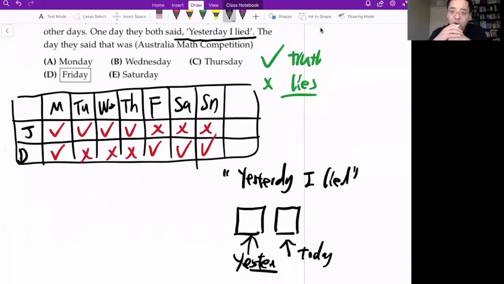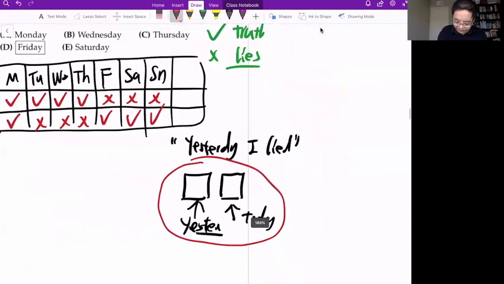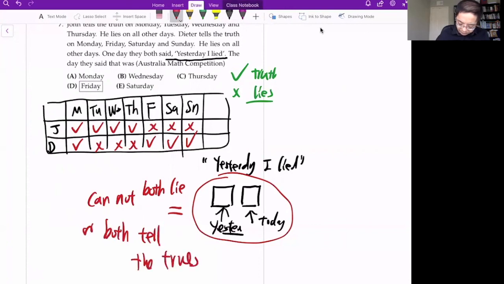In order for this to happen, for these 2 days, they cannot both lie or both tell the truth. So we conclude, cannot both lie or both tell the truth. In other words, we cannot have things like this or things like this. So these 2 scenarios are impossible.